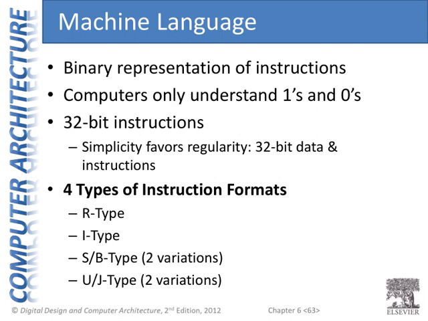So let's talk about machine language. Machine language is the binary representation of instructions. Computers only understand ones and zeros. Well, we all know why, because they're made of hardware, and you've been doing that this whole semester. We're going to use 32-bit instructions because, again, using the principles of good design, especially in computer architecture, 32-bit data and 32-bit instructions can be easier for us to deal with.